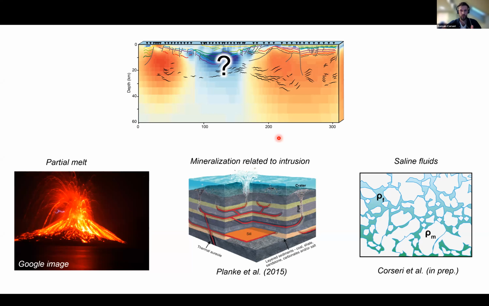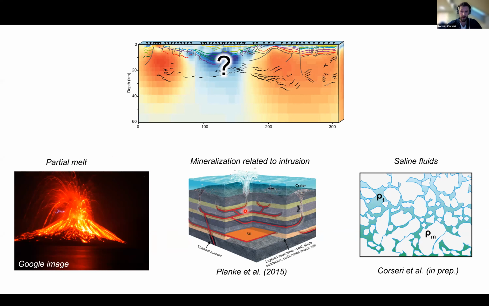Usually when we talk about high conductivity in the crust, mantle, or sediments, we deal with three options. First of all, the presence of melts. For example, a melt reservoir beneath a volcanic edifice usually displays a very conductive behavior.